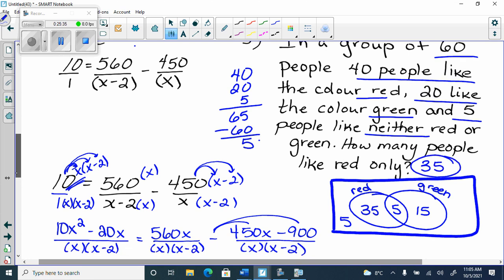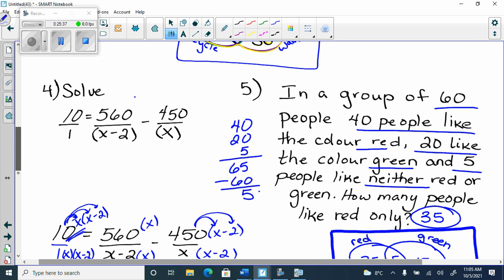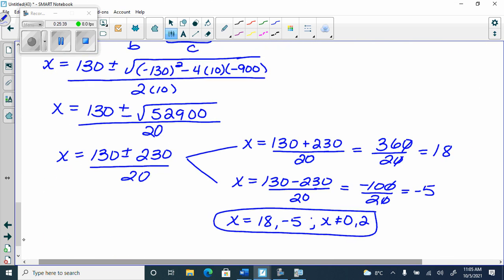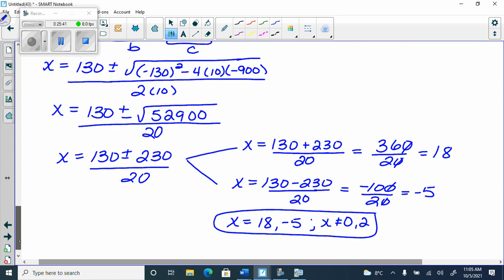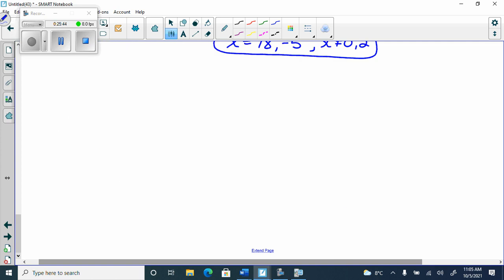Number 6. What if I give you this? A equals red, purple, green.